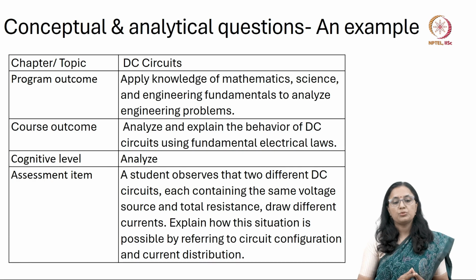Explain how this situation is possible by referring to circuit configuration and current distribution. Now, see, this is a constructed response question and the student actually needs to understand certain principles, certain laws, to be able to respond to this particular question correctly.